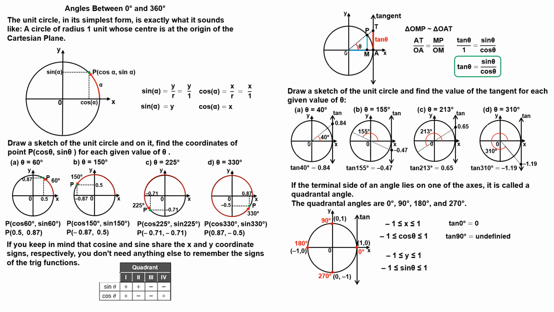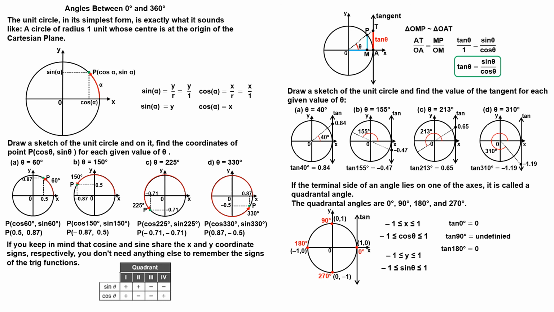The third quadrantal angle is 180 degrees. The tangent of 180 degrees is the sine of 180 degrees divided by the cosine of 180 degrees. 0 divided by -1 is equal to 0. Therefore, the tangent of 180 degrees is 0.